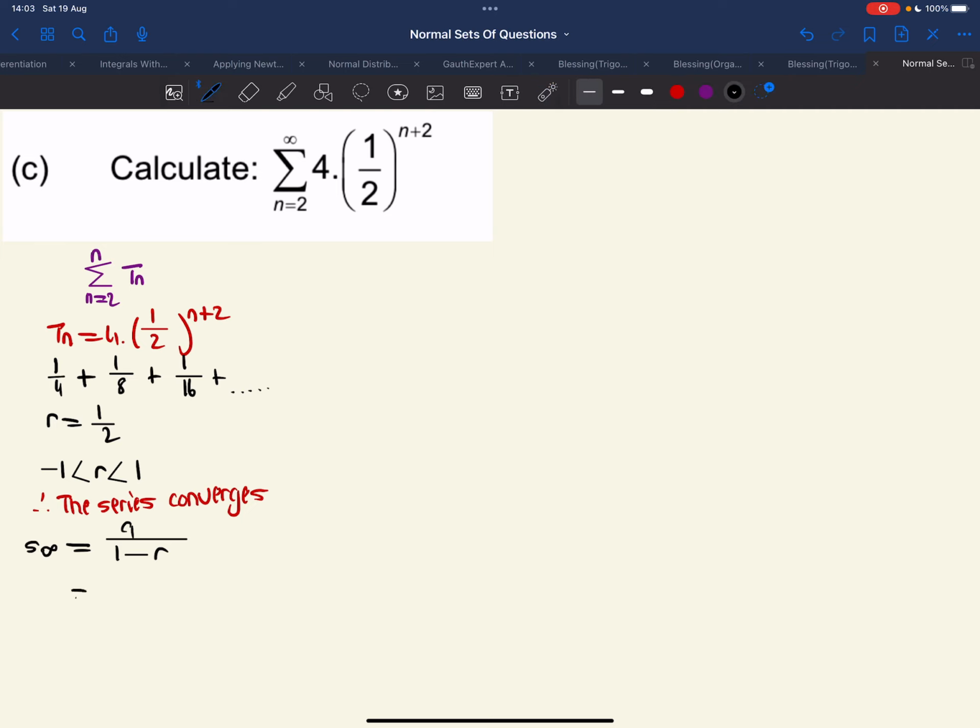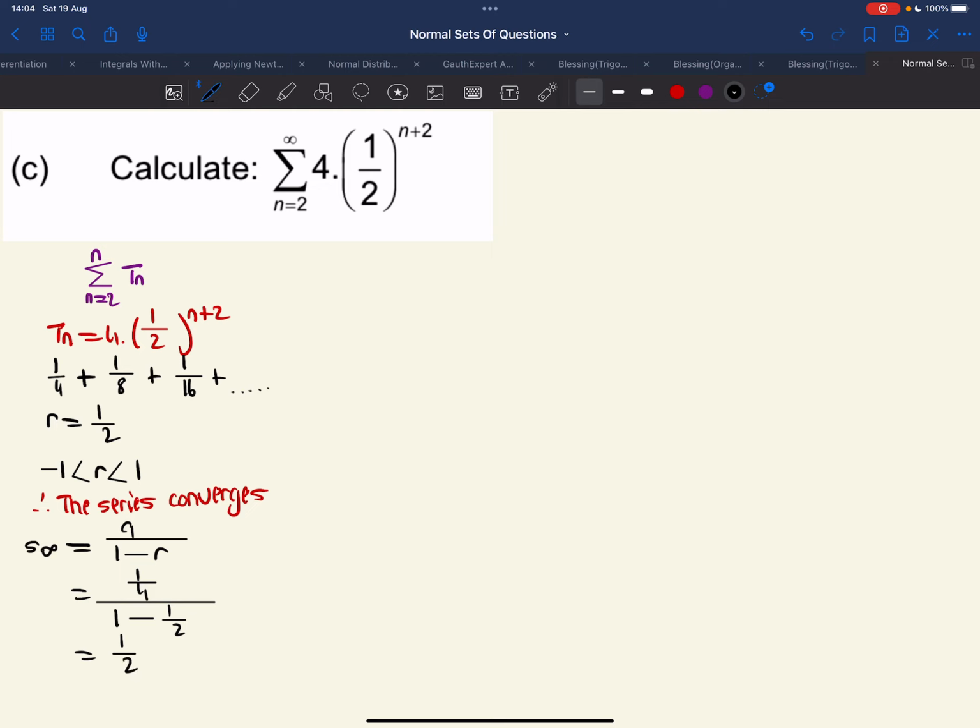So we're going to say equals a, which is 1 over 4, all over 1 minus 1 over 2. Then if we put that quickly in a calculator, you're going to get your answer being a half.